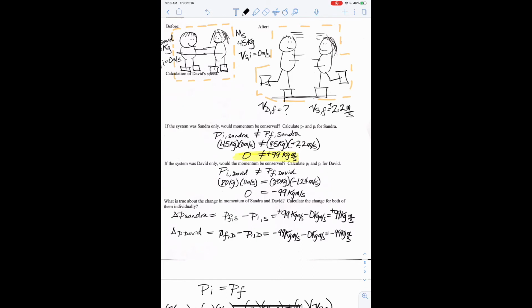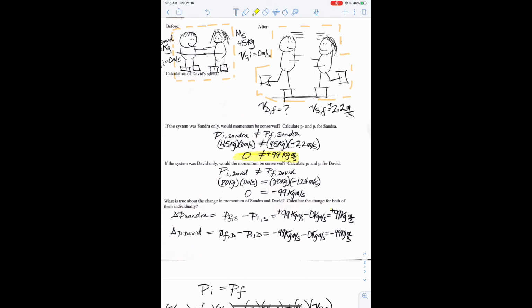Which I think is sometimes what students focus on. It's that the momentum gained in one direction is equal to the momentum lost or gained in the other direction, I should say, by the other object.